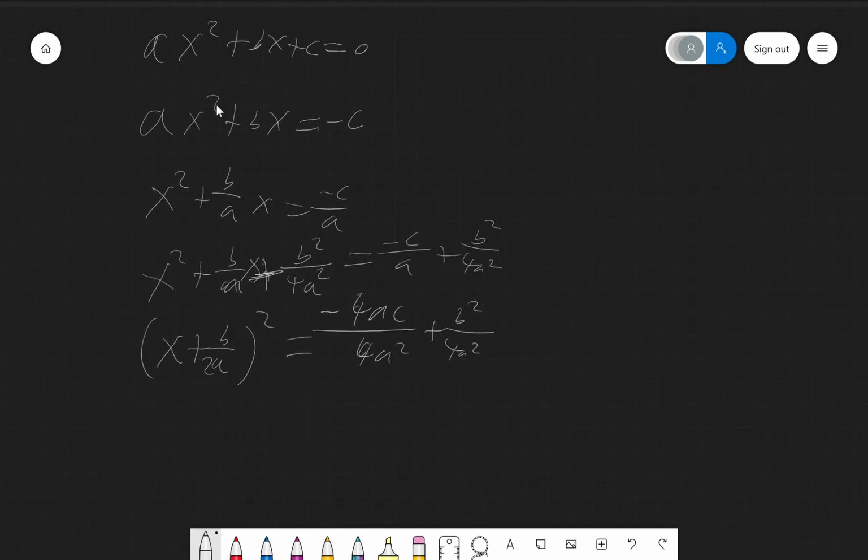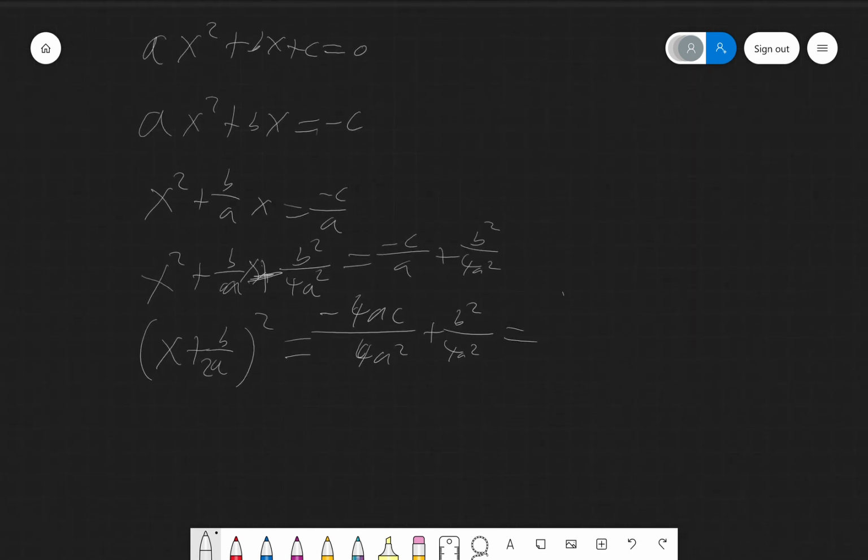Now that's equal to b squared minus 4ac all over 4a squared. Now what we do is we take the positive or negative square root of both sides. So we get x plus b over 2a equals, I'm getting kind of excited because it's kind of cool, plus or minus the square root of b squared minus 4ac over 4a squared.